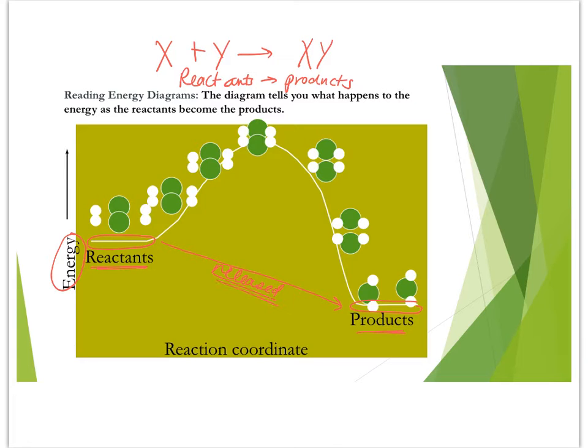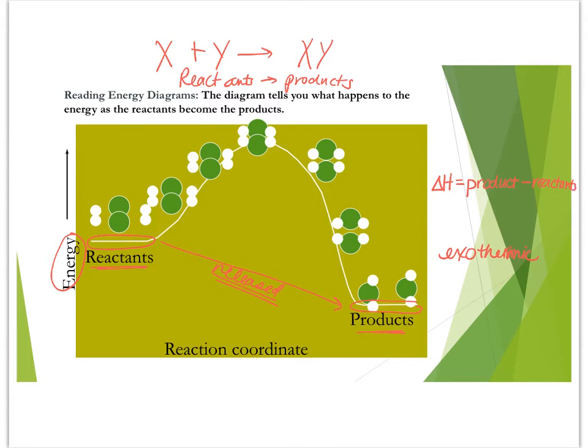What kind of reaction do we have if the reaction results in a release of energy? It would be exothermic. So this is a diagram for an exothermic reaction, where the products have less energy than the reactants do. Back to the prior lesson when we talked about delta H, delta H is calculated by doing the energy of the products minus the energy of the reactants.